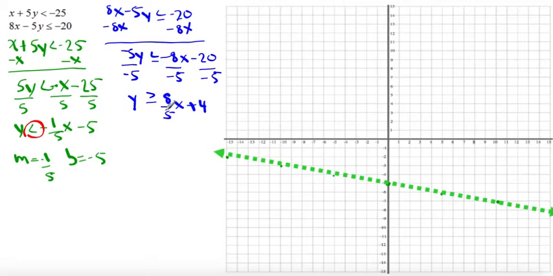Do the same thing with the blue line. My slope here is 8/5, and my y-intercept is 4. Start my graph at 4. My slope tells me to go up 8 to the right 5.